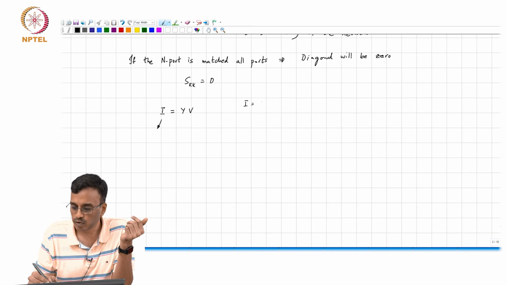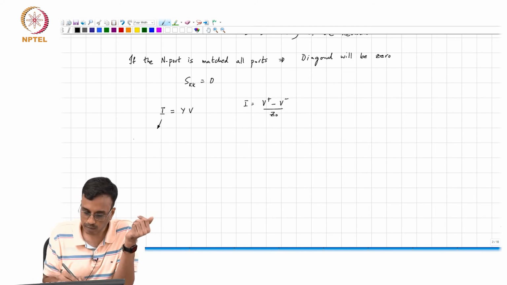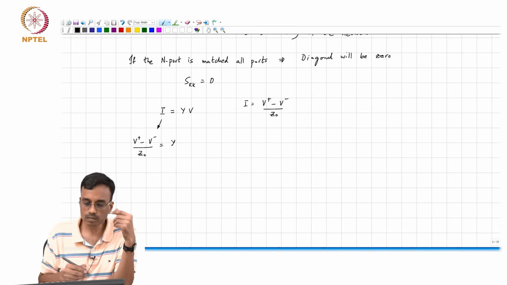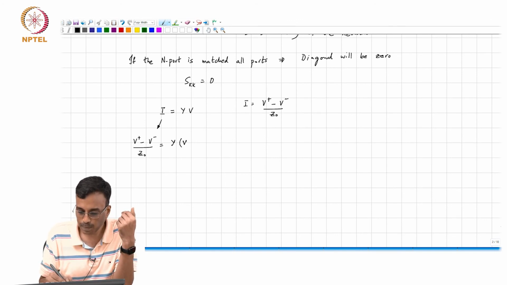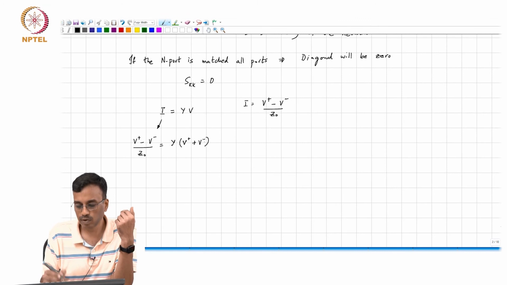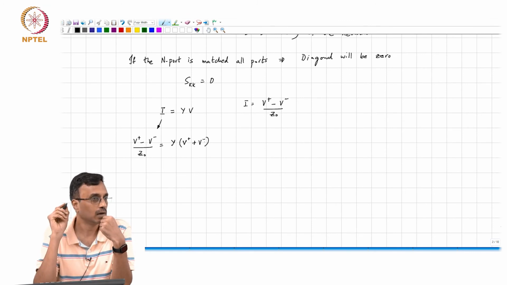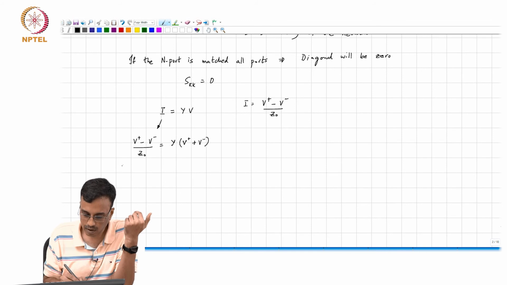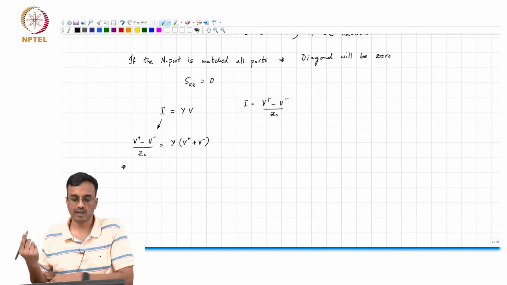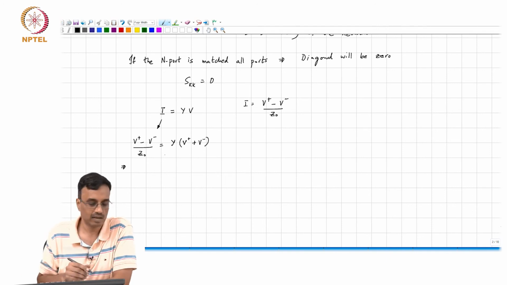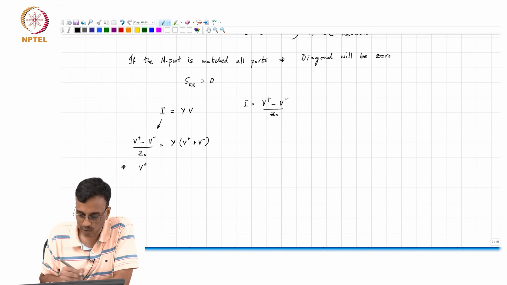Okay, so V plus minus V minus over Z naught. So this is V plus minus V minus by Z naught, and that is Y times the voltage, which is V plus plus V minus. Therefore we are interested in finding V minus, so we push all the V minus to one side and V plus to the other side, and just play with this.